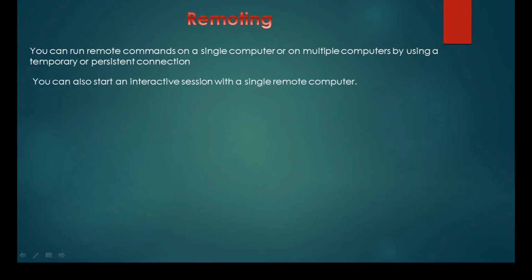And then if we talk about remoting, you can also start an interactive remoting session with a single computer. This is nothing but a one-to-one connection. In a one-to-one connection scenario, you connect directly to a copy of PowerShell on the remote machine, so whatever you do gets executed on this remote machine directly.